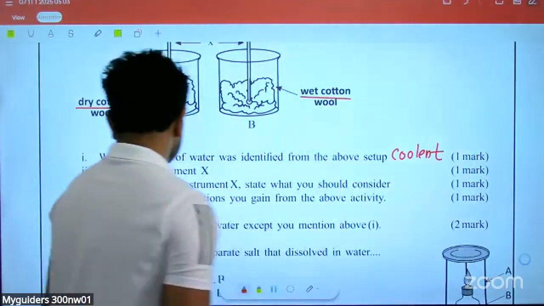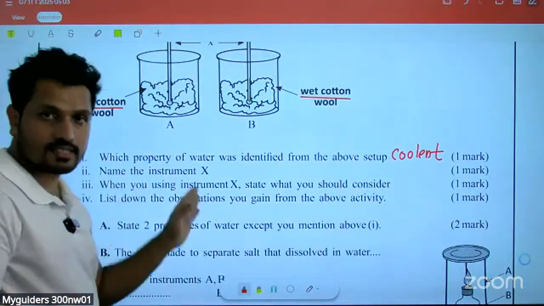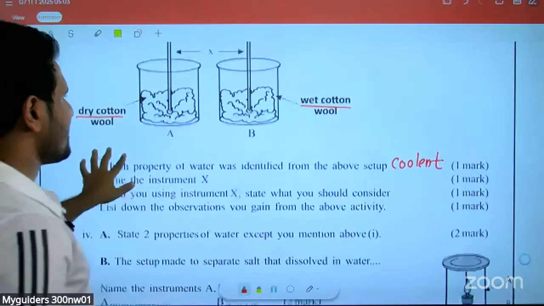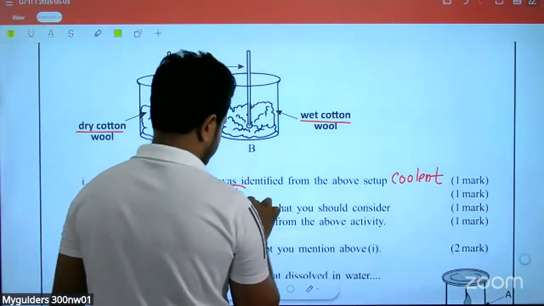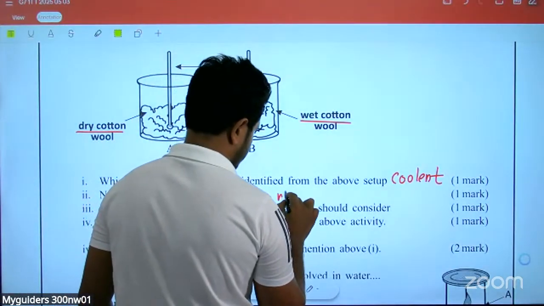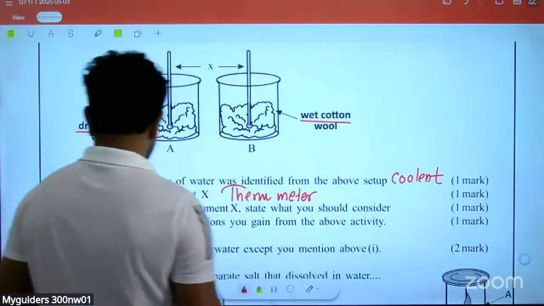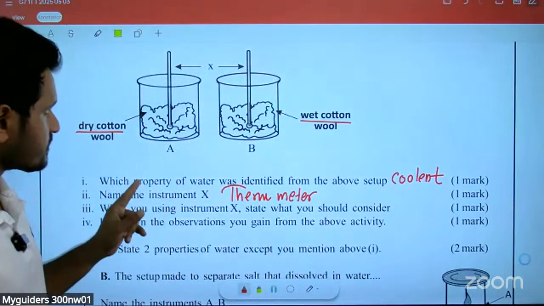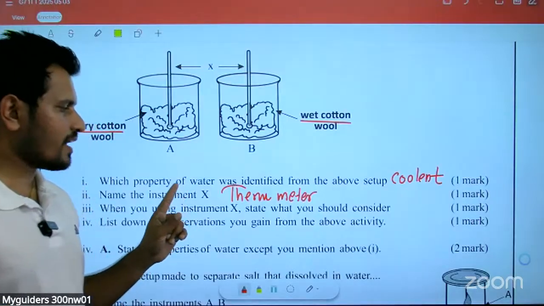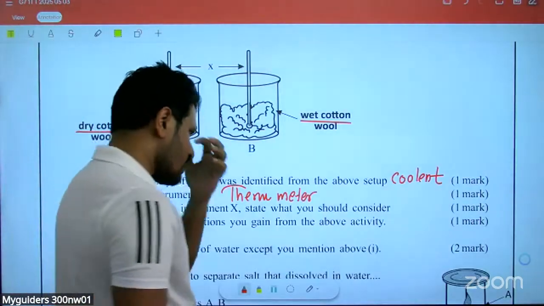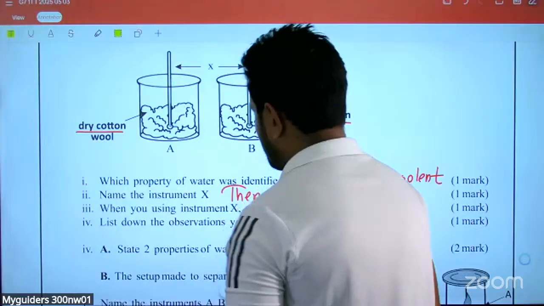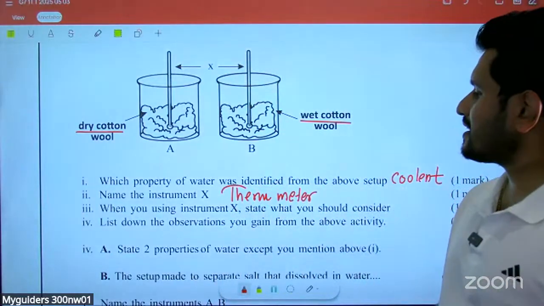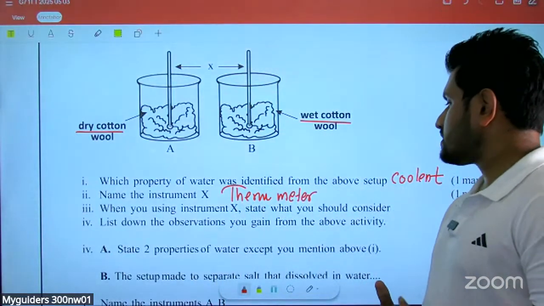Name the instrument X. Thermometer. When you are using instrument X, state what you should consider.